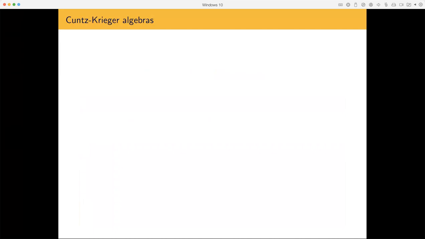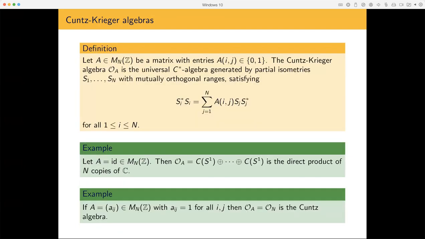Okay, so as I said, we want to cook up an analog of Cuntz-Krieger algebras in this setting. So let me briefly remind you what Cuntz-Krieger algebras are. We start with a matrix with entries in {0, 1}. Then the Cuntz-Krieger algebra associated to this matrix is the universal C-star algebra generated by partial isometries S_1 up to S_n with mutually orthogonal ranges satisfying the so-called Cuntz-Krieger relation, which I've written here in this formula.